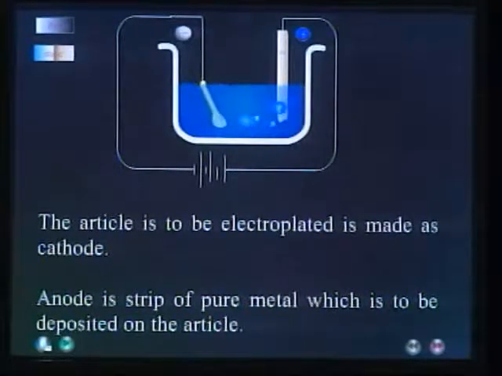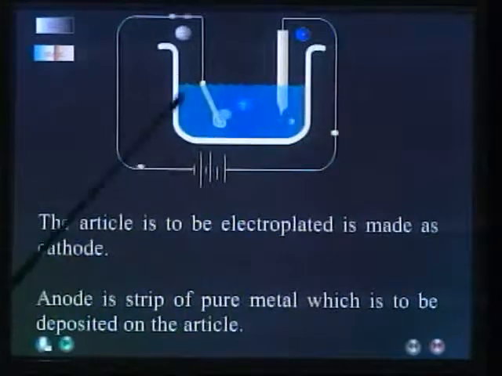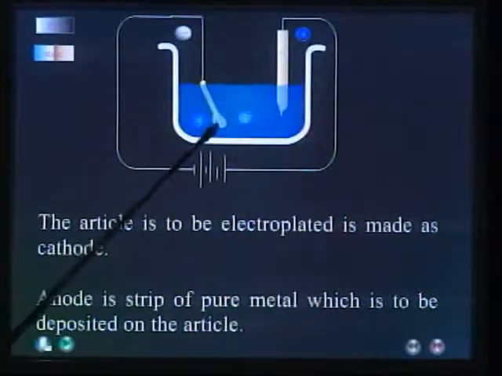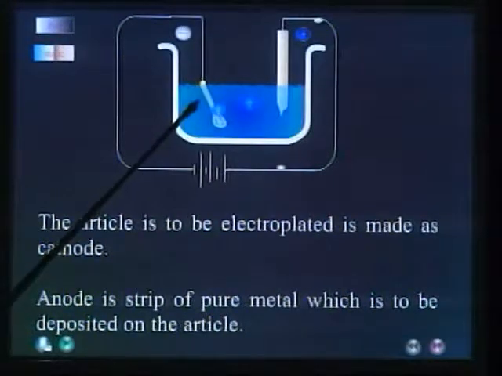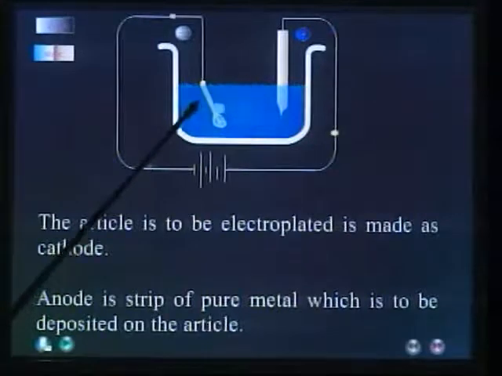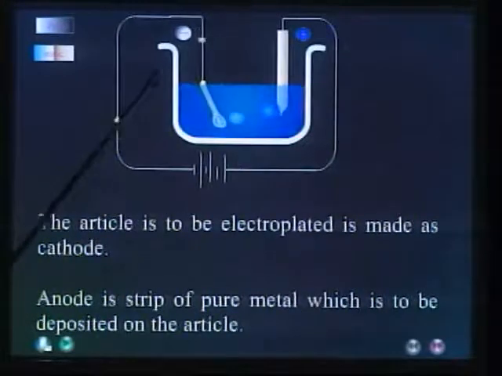In electroplating, the article to be plated is always taken as cathode. For example, in this electrolytic cell, a spoon is taken as an article to be plated by some other metal, and it is taken as cathode. This is kept in the electrolytic cell.